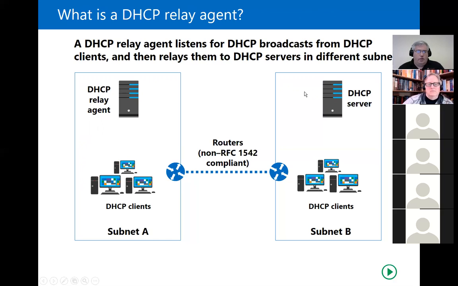But in this case, basically the DHCP servers will talk to each other using unicast and share the configuration from both, share the scopes and all that. And then this server will handle these clients, and this server will handle these clients, because the broadcast won't go over the router.